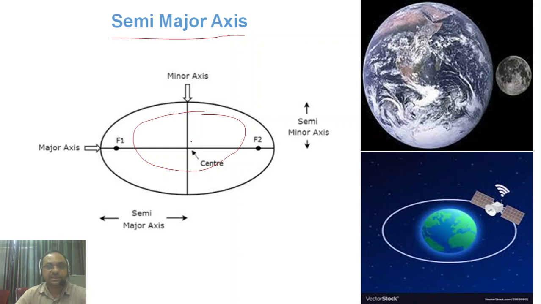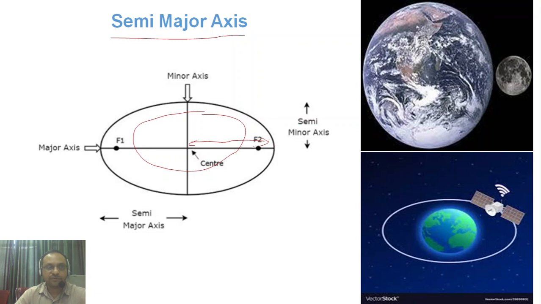We measure this semi-major axis from here to that point. This is the major axis completely, from this point to this point, and this is the half of this major axis.